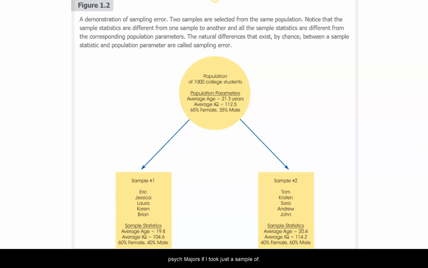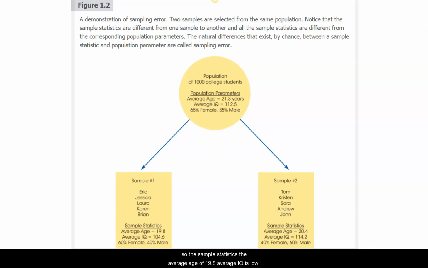If I took just a sample of 5 students, this sample has sampling error, which merely means there's a discrepancy between the sample and the population. Error often connotes slovenliness or human frailty. That's not the case here. In this case, we're talking about just differences, discrepancies that can't be avoided, particularly with small samples when we're getting something out of a population.